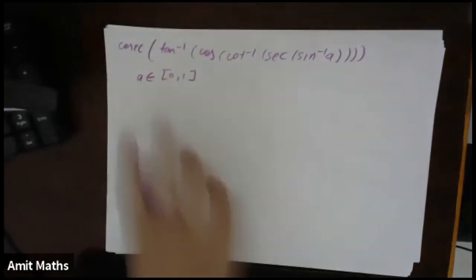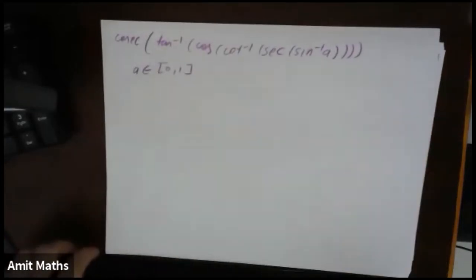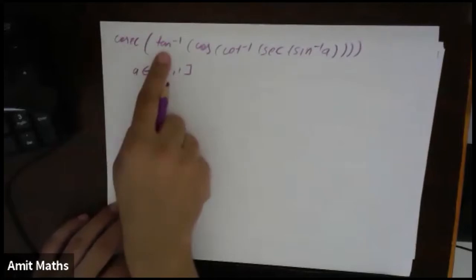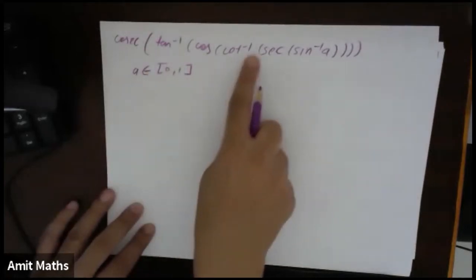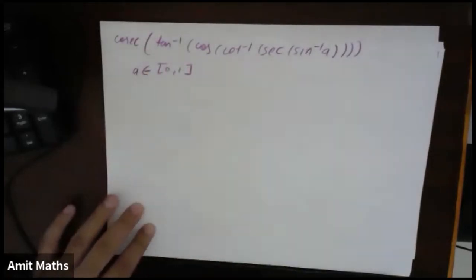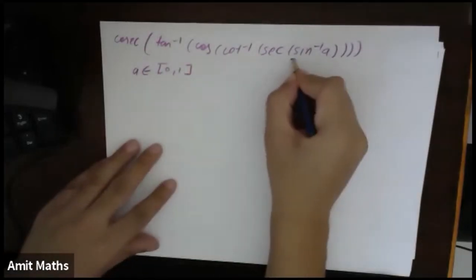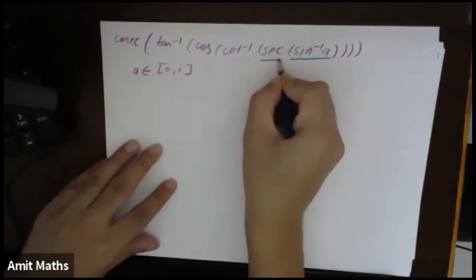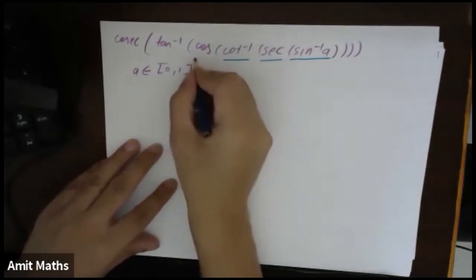Just write it carefully, don't miss any part. So this is cosec of tan inverse of cos of cot inverse of sec of sin inverse of A. I'll just underline: this is one, then we have this, this, and this.